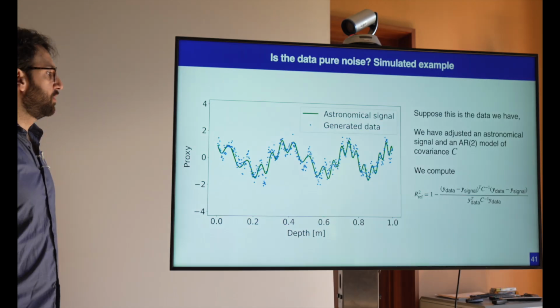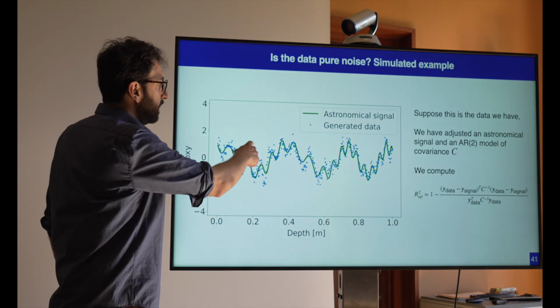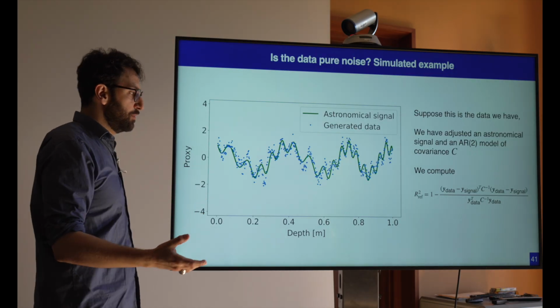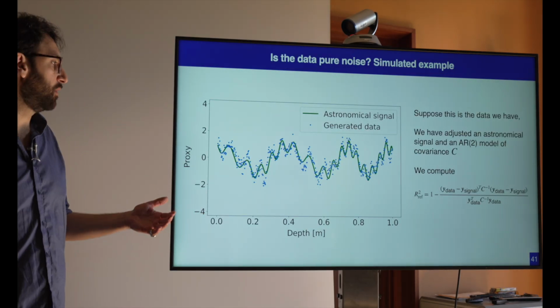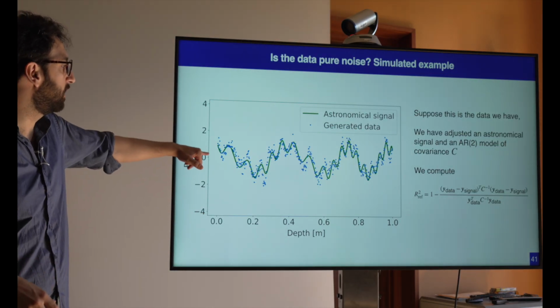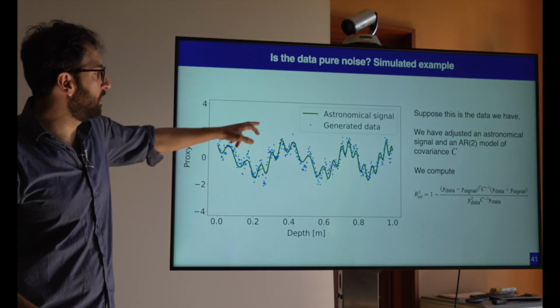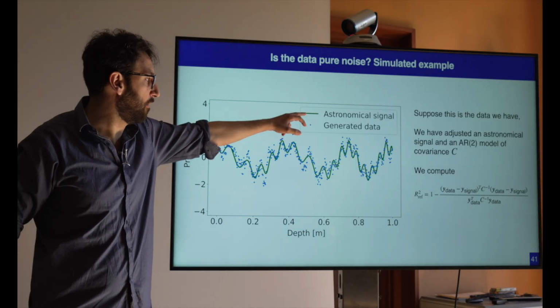Okay, so suppose this is the data. This is a simulated example, but for the sake of the presentation, we are going to assume that this is the geological data we have. And this is the astronomical signal we fitted.